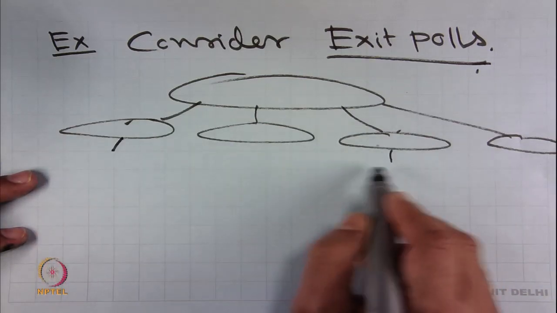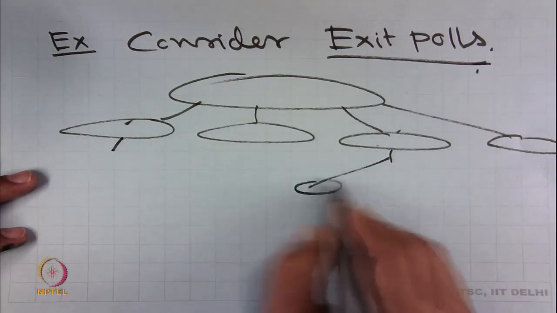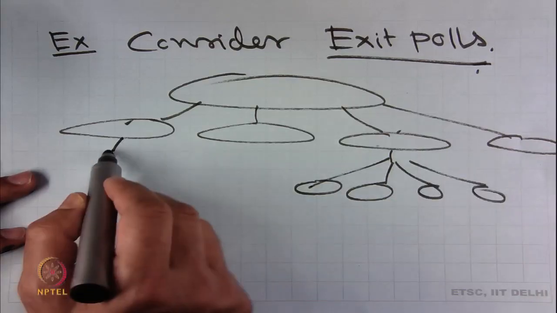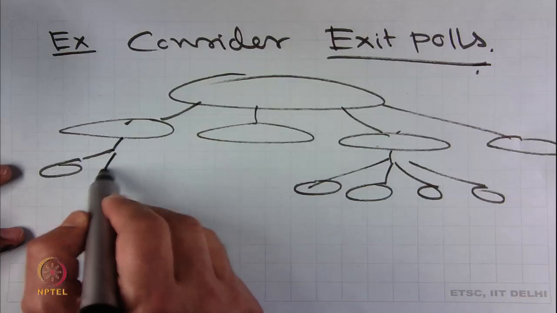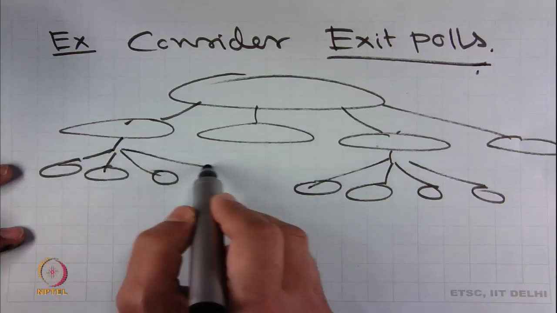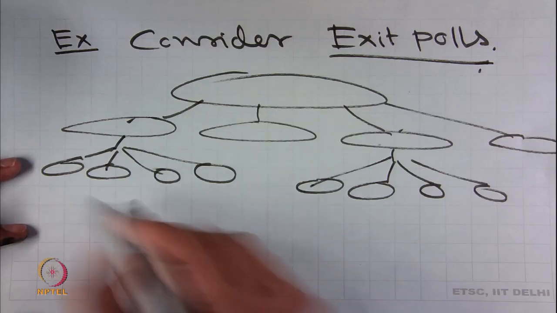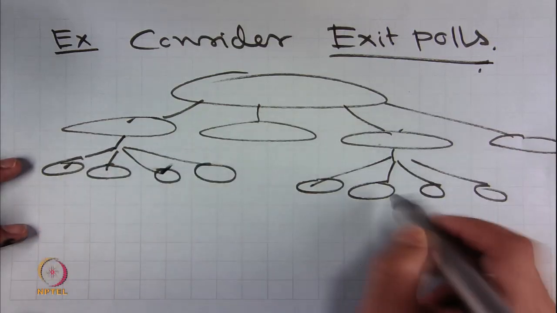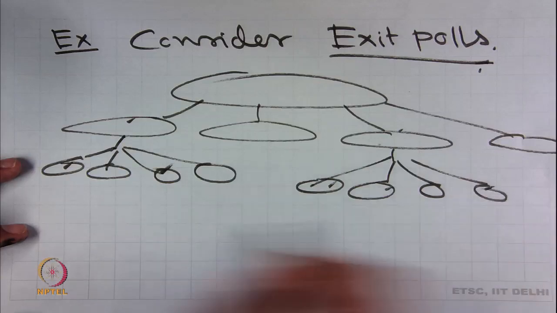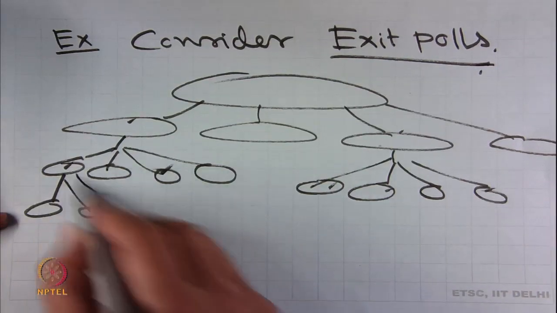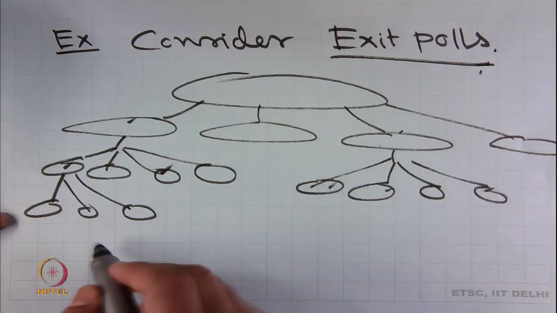Within those states, there may be many districts. Again, it is not possible to consider all the voters of one district. So, what is done? Suppose some of the districts are chosen randomly. Then within a district there may be different subdivisions.